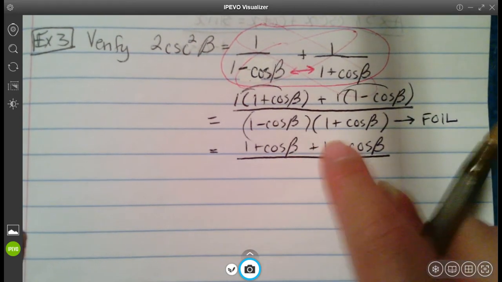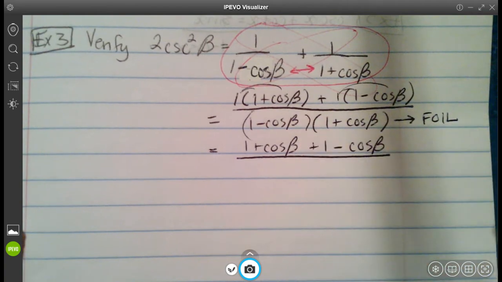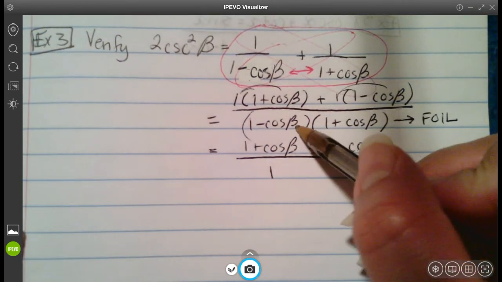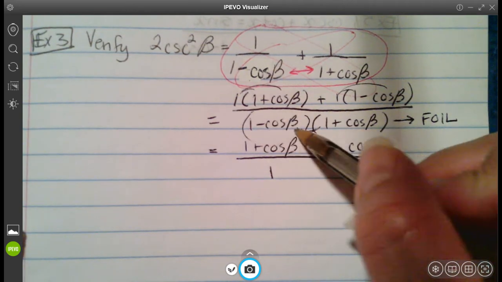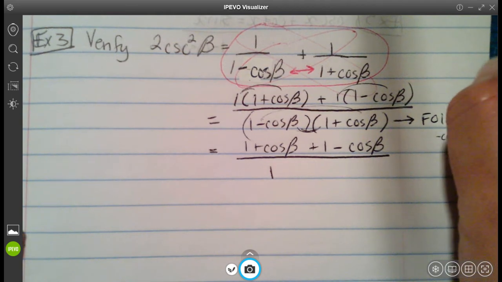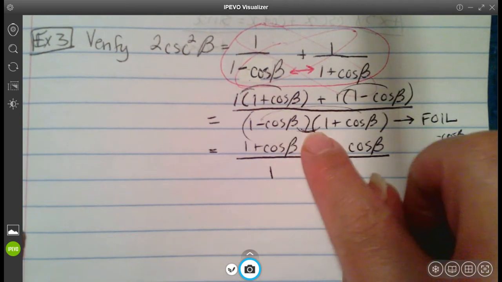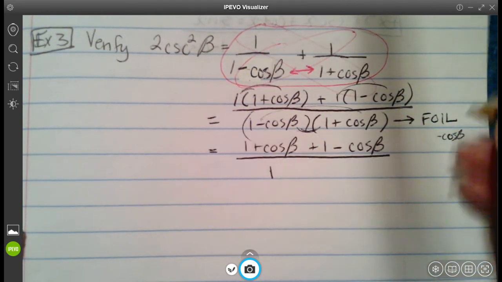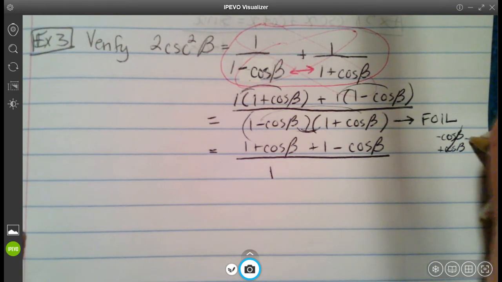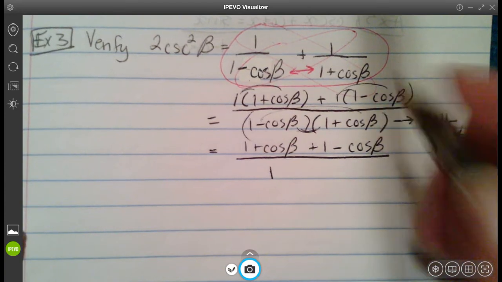And we did something like this in class, so let's see if you can follow, okay. 1 times 1 is 1. If I multiply these two, so I do the inside and the outside, we get negative cosine beta for this part, and 1 times positive is going to be positive cosine beta, which is going to give us 0. So there's no middle term, okay?